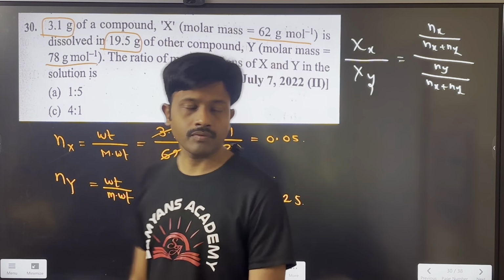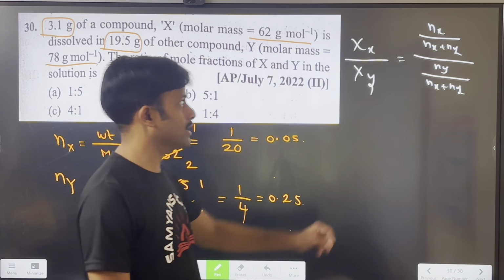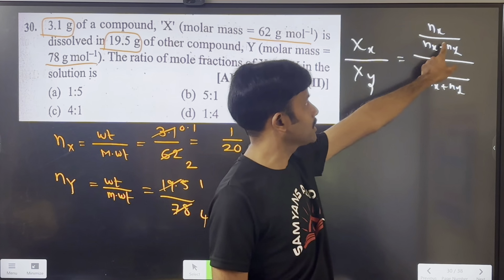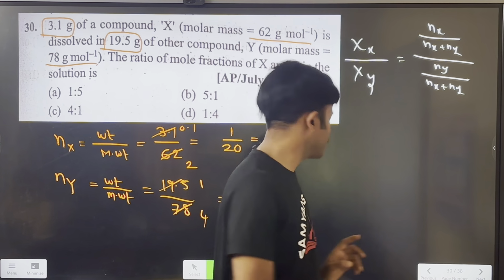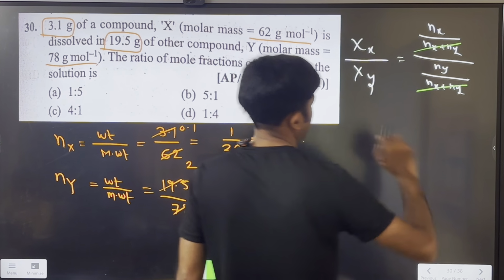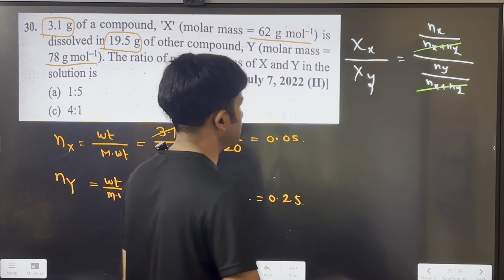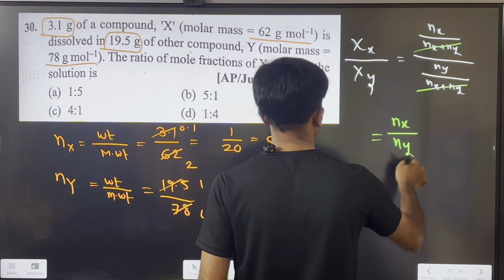Okay, so this is the formula. Mole fraction of X equals number of moles of X by total number of moles. Mole fraction of Y equals number of moles of Y by total number of moles. Here these two will get cancelled, nX plus nY, nX plus nY. So this formula we can write as nX by nY.